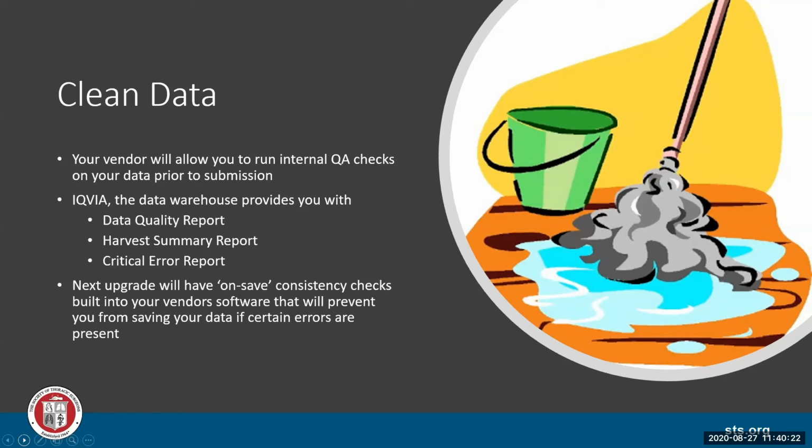So partner with other people who have your vendor, and they can say, look, I use this report always. It saves me so much time, or it saves me greatly. And when they're canned and in your vendor software, they're usually pretty quick and easy to run. And then you can see where your inconsistencies are. Alternatively, you can export your data out of your vendor and compare it to other sources within your EHR.